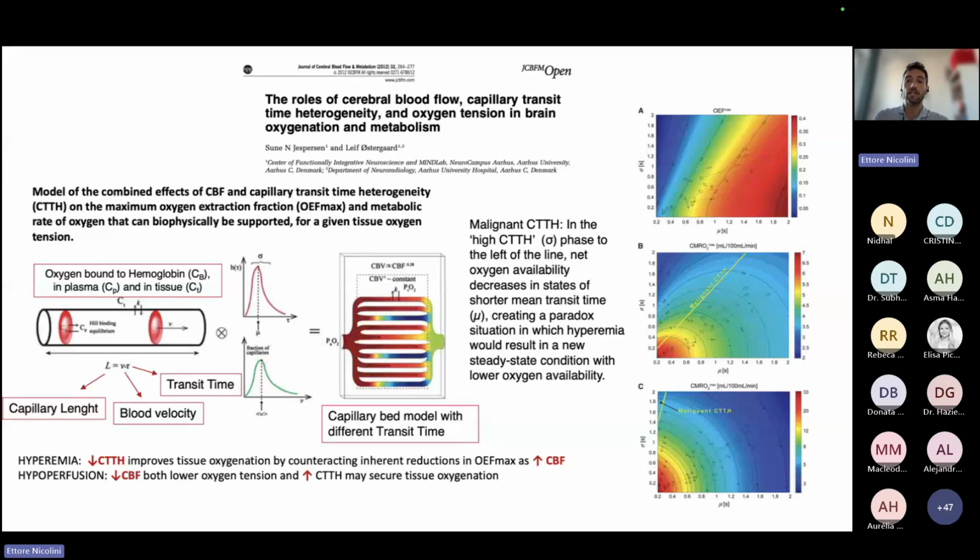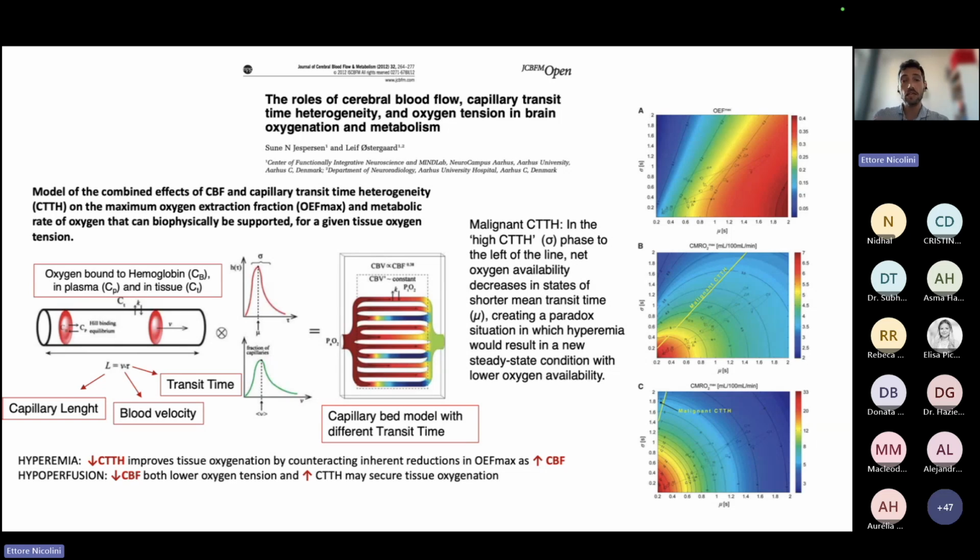Then there are cases in which there is both an increase of CTH and an increase of CBF, and this increase is really high, creating a malignant situation called malignant CTH.